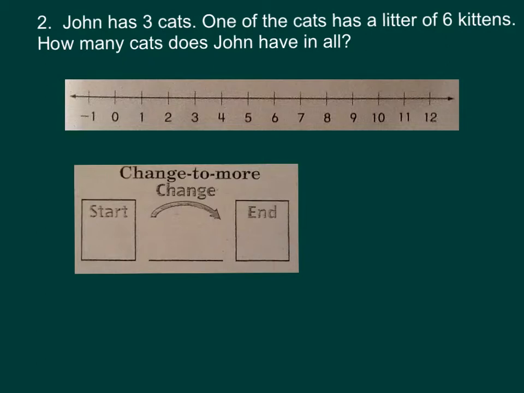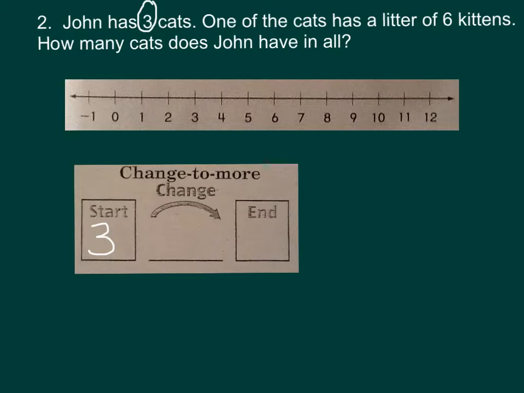Who can help me out and let me know what number we would need to start with on this diagram? That's right. The number we would start with is 3. So we're going to put 3 in our diagram.